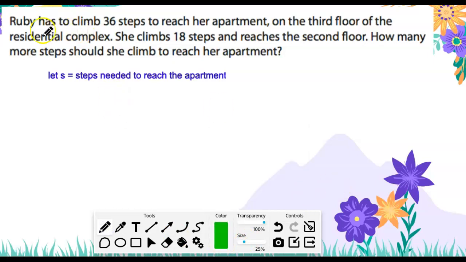We could say she needs to get 36. Okay, so we need to get 36. Again, this is not the only way to write an equation, just to let you know. This is just one way, just thinking what is our new value, what's the value that we're targeting.